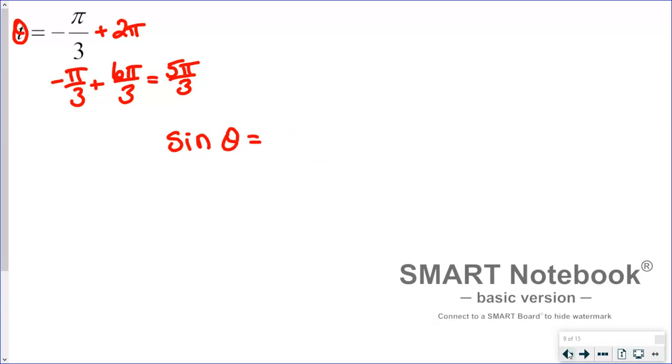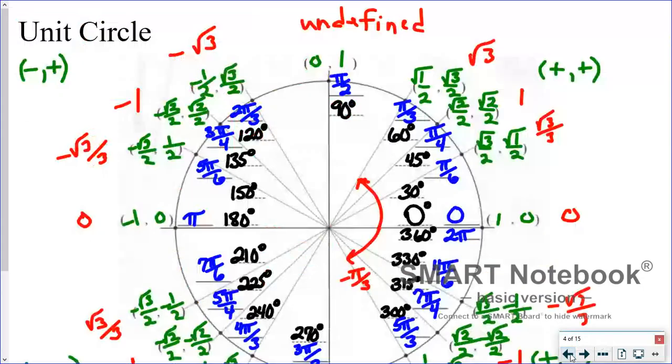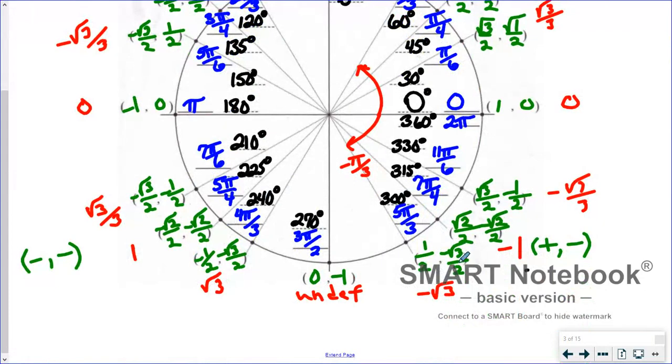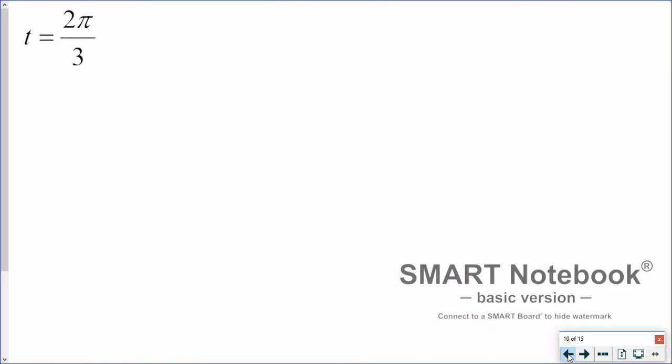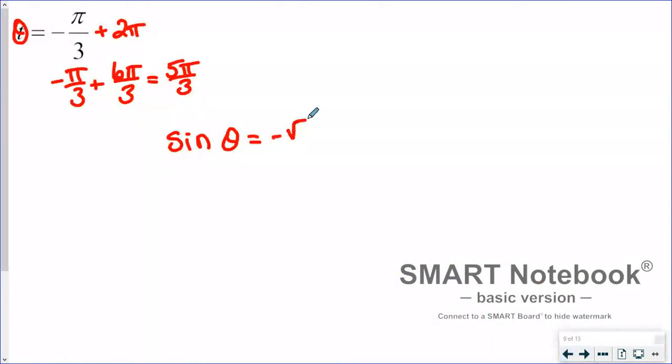All right, so again, we go back to our 5 pi over 3, and we say, okay, my y coordinate is negative square root of 3 over 2. Cosine is 1/2. Tangent will be negative square root of 3.